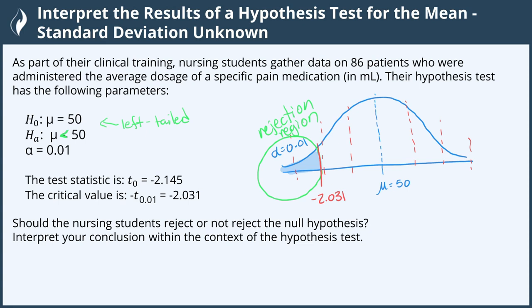This is 2 standard deviations below the mean, and it is 0.145, so it's a little beyond our negative 2.031. So let's say it's about here. So we have our test statistic at negative 2.145. That puts us in the rejection region. So that lets us know that our conclusion should be to reject the null hypothesis.